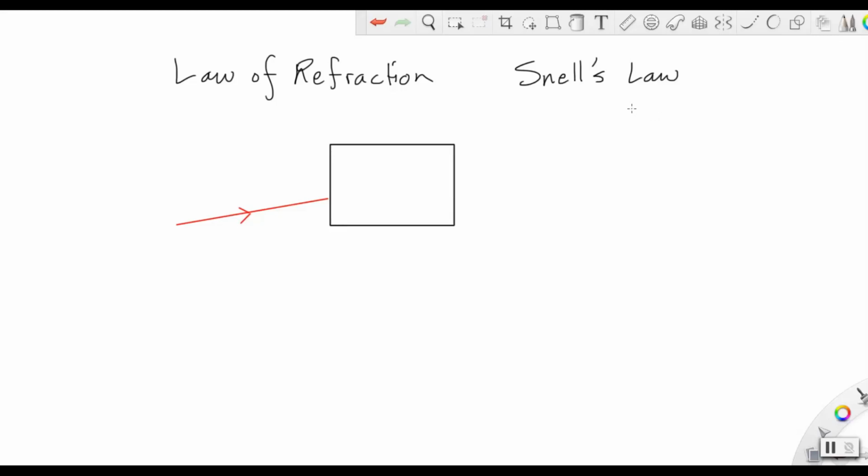Remember, the law of reflection stated that the incident theta was equal to the reflected theta. In Snell's law, we have two thetas as well, and in this case, we're interested not in just theta, but in the sine of theta, okay? Not only that, but you may remember from a previous video, we studied the material property, the index of refraction.